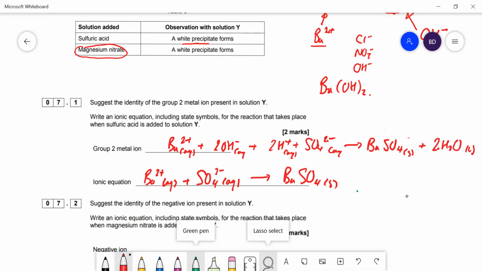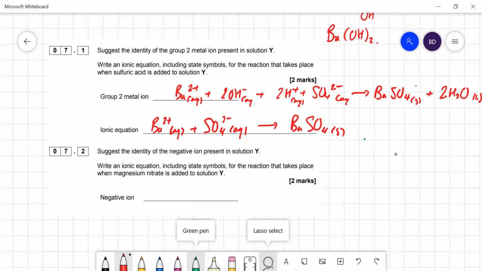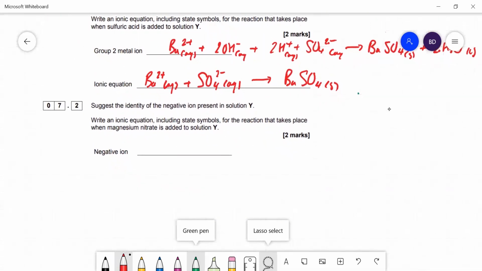I would write this one, because the OH- and the H+ are not spectator ions. You've got a neutralization reaction going on there. The identity of the negative ion present is OH-.